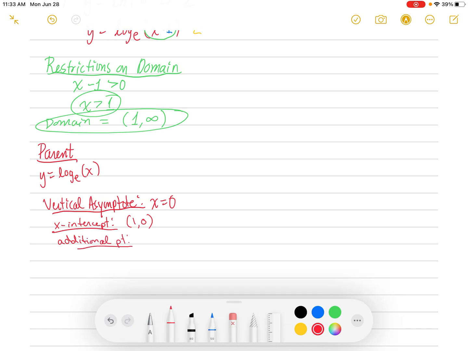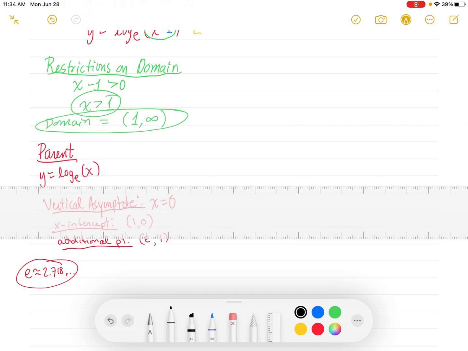That's for the parent. And then we'll have an additional point at (a, 1). Now what is a here? A here is the base e. So rather than writing a, we're going to write (e, 1).